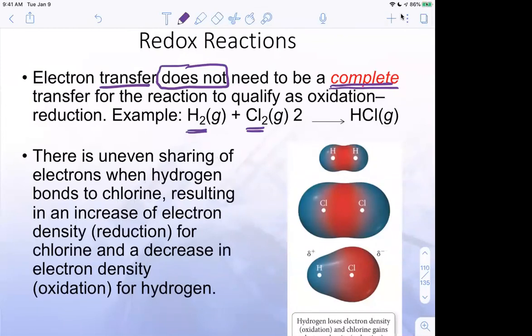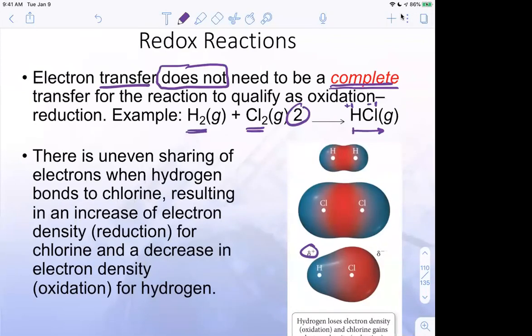And what I end up with is 2 HCl's. Well, this is a polar substance. My H is actually acting more like a +1, and my chlorine as a -1.